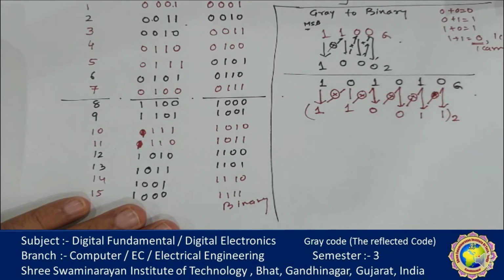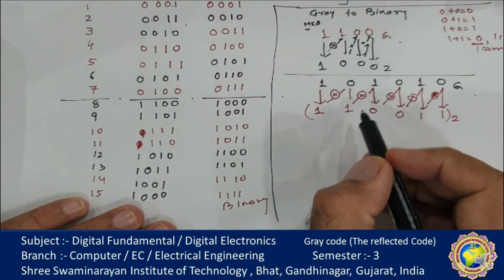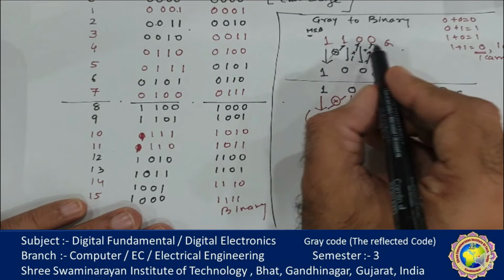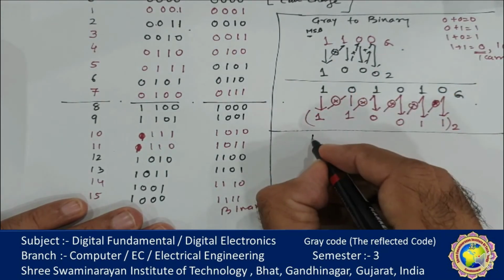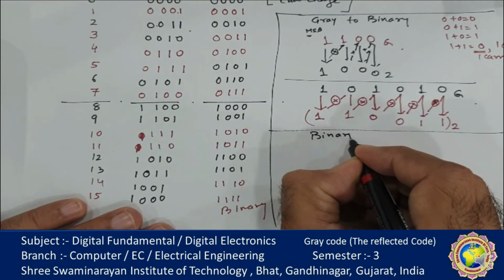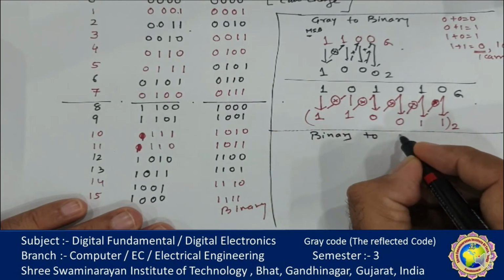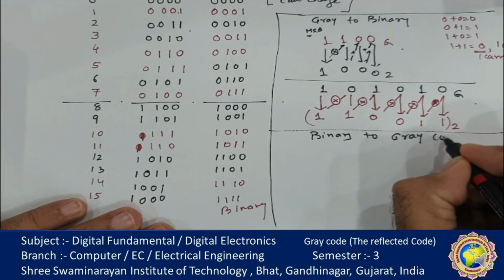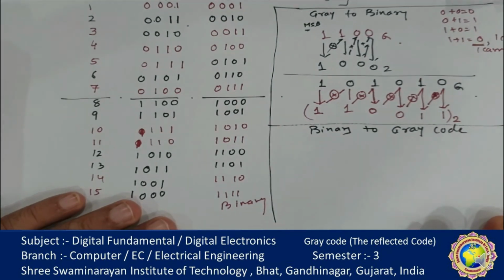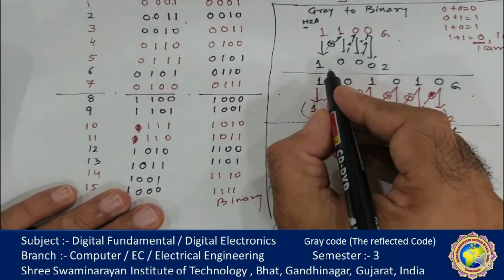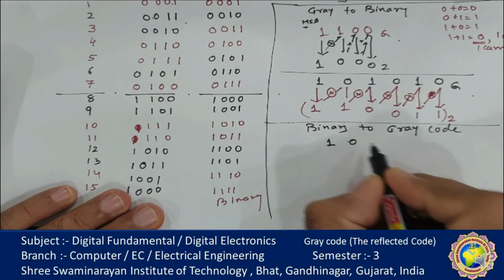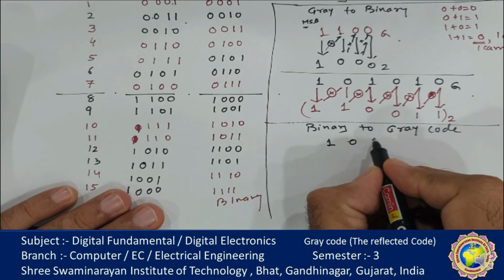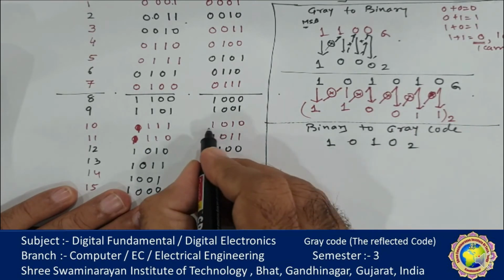Okay. Let's take the reverse thing. The 1000 is binary and 110 is in gray code. Binary to gray code. How can we do it? Suppose my number is 1 0 1 0 in binary, this one.